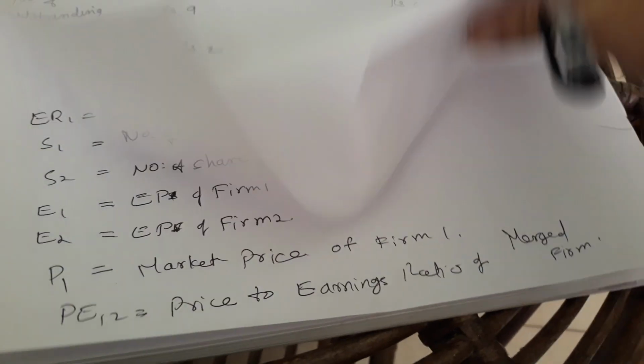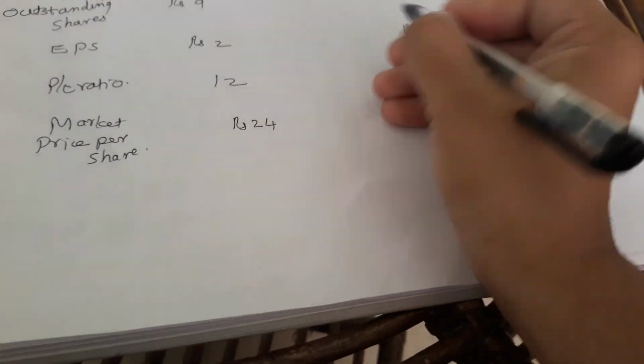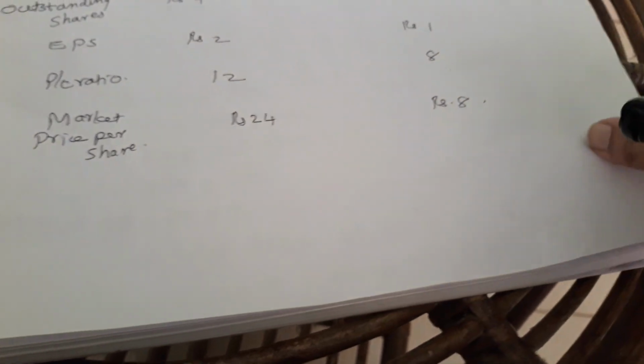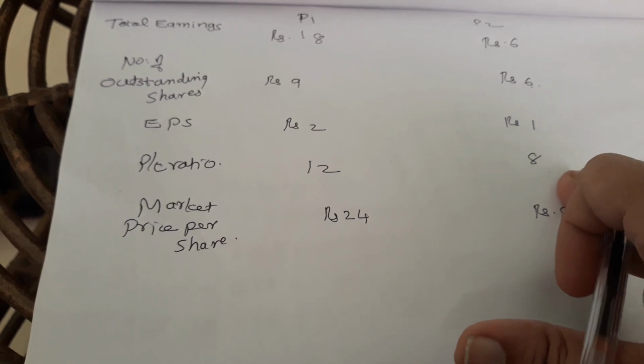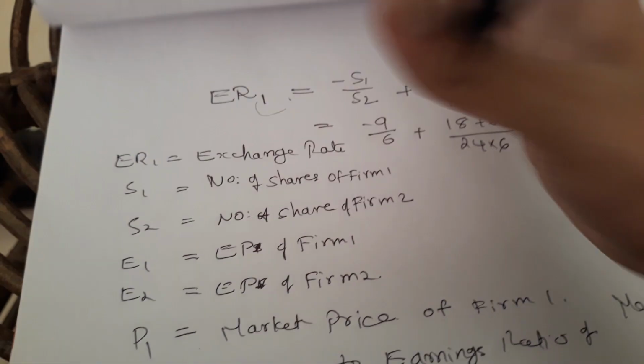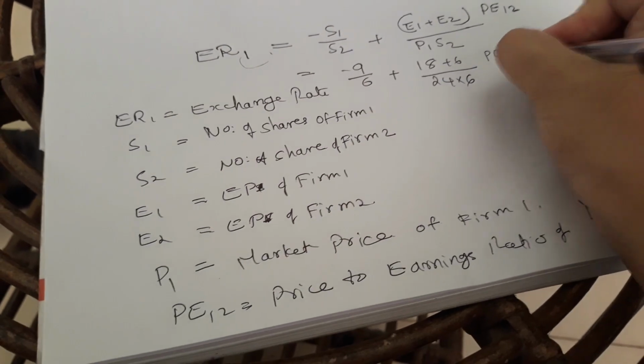S2 is the number of shares of firm 2, into 6. And the P by E ratio of the merged firm, we don't know about that. Here the P by E ratio of firm 1 and firm 2 is given, but we don't know the P by E ratio of the merged firm. So we keep it as such.